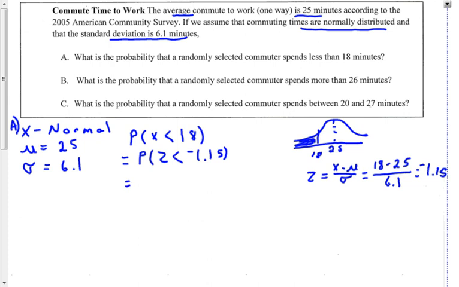So for this, we have to now go to the negative z-score page, that table that we looked at before.